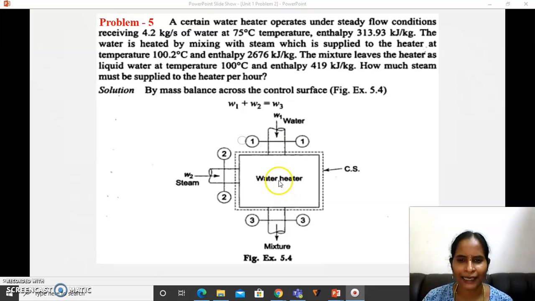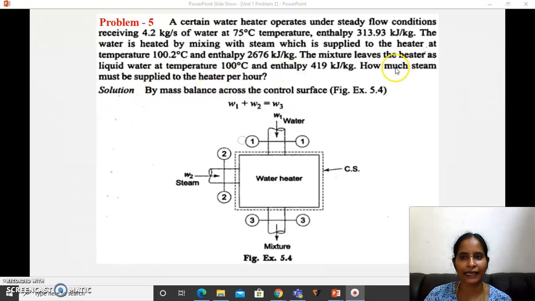Here the inlet is water at 4.2 kilograms per second, with temperature and enthalpy given. On one more side you are supplying the steam at the given temperature and enthalpy, and the mixture temperature has also been given. They are now asking how much steam must be supplied to the heater per hour.